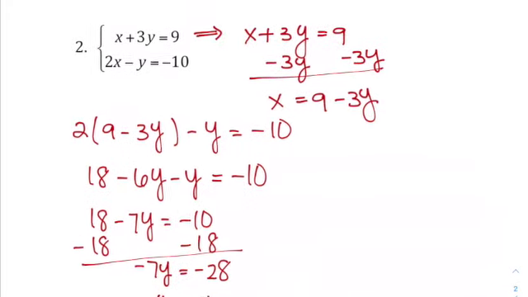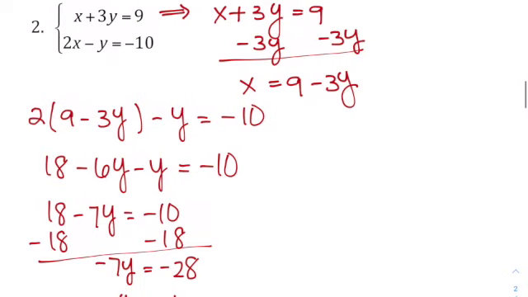And then you need to just plug it in. Since we already have x equals 9 minus 3y, I'm going to plug it into that one just because it will make it easier. You can plug into x plus 3y equals 9 or 2x minus y equals negative 10. All of them should give you the exact same number.